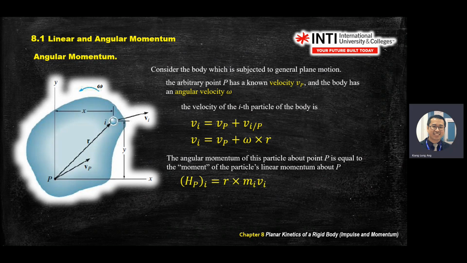And Vi relative to P, this line from P to I, is omega R, because velocity linked with angular gives omega R. And angular momentum means you take momentum multiplied by the arm R, the length of the arm here.